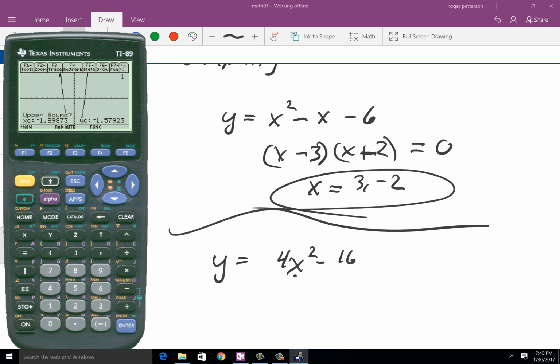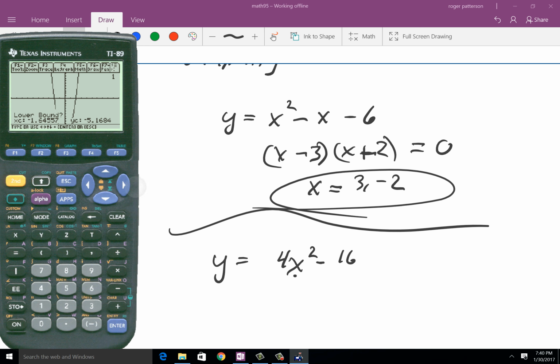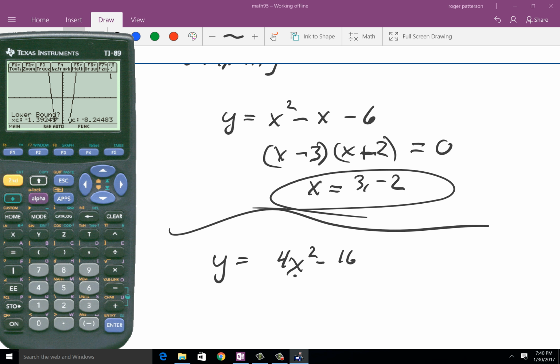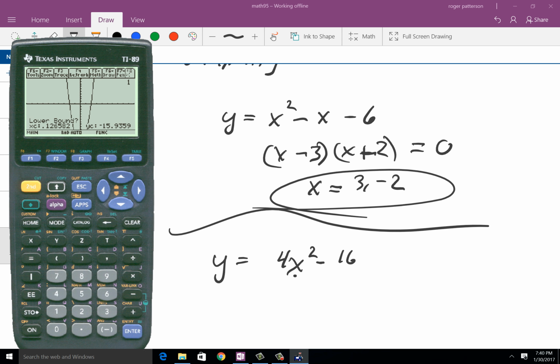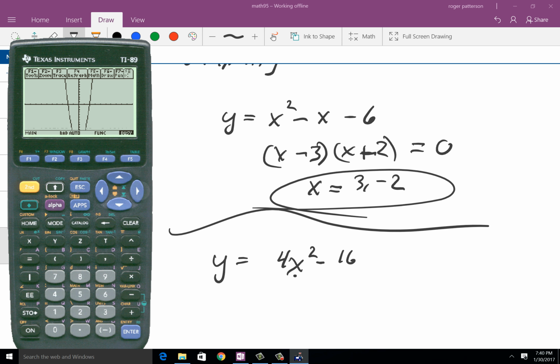So you're just basically surrounding that zero. That's how you do it. Lower bound means left. Upper bound means right. There it is. 2.